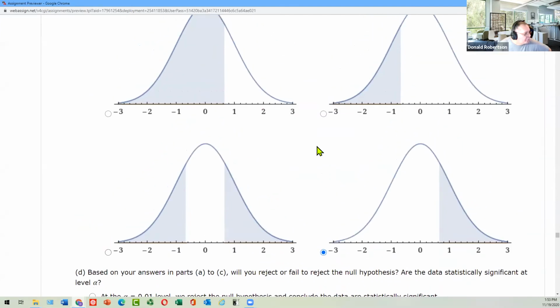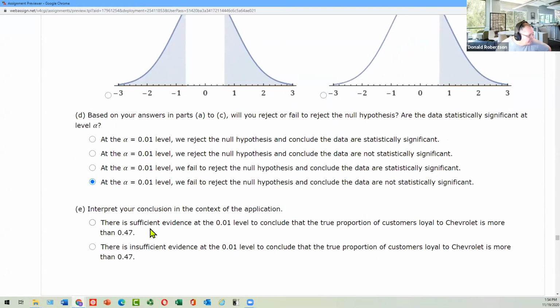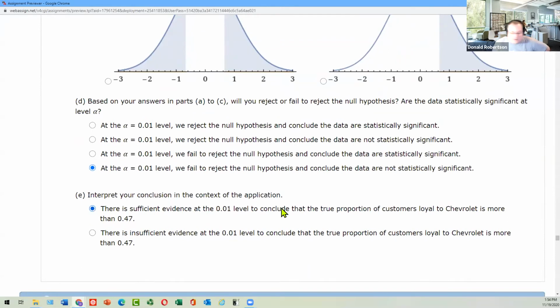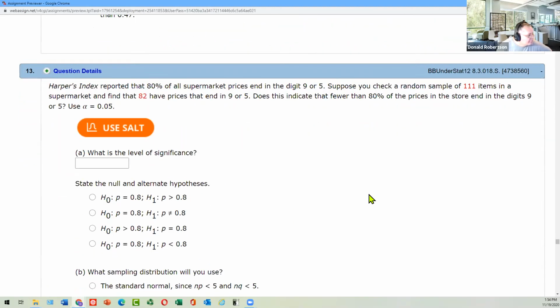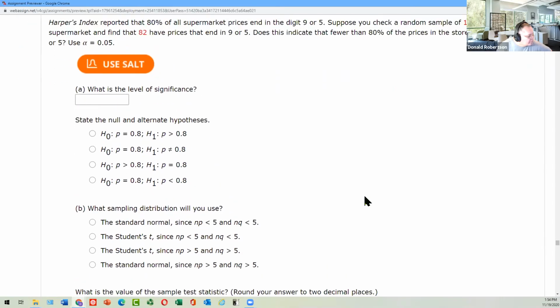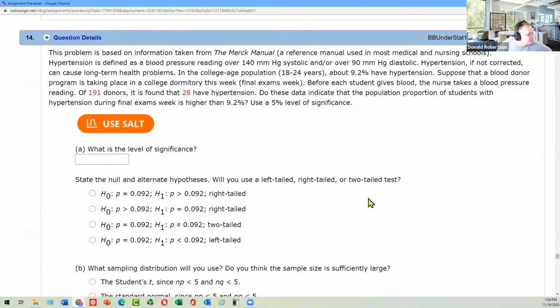So you do a picture with the left, it's not significant, and there's no sufficient evidence. So Chevy won't be able to claim that people like Chevys more than, you know, the other companies. And then I'll skip 13, it's pretty much the same.